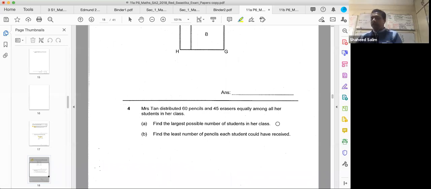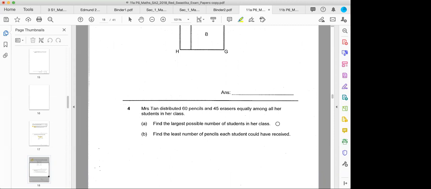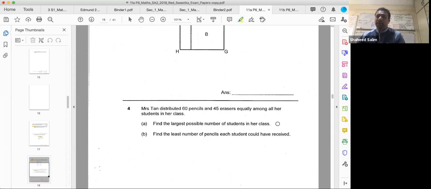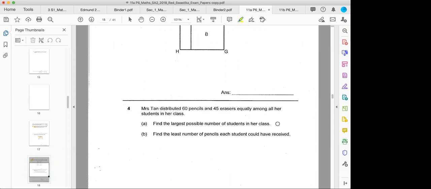You have to write down the factors. 75 students cannot be. There's only 60. How are you going to give to 75 students? 35.